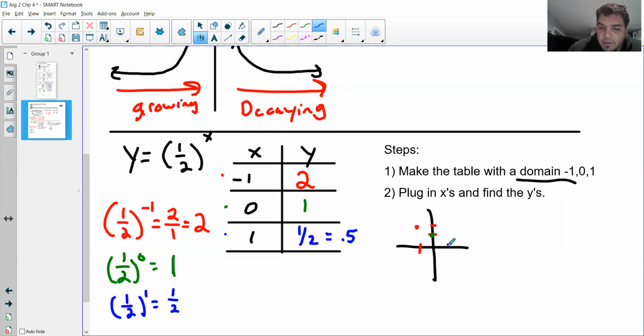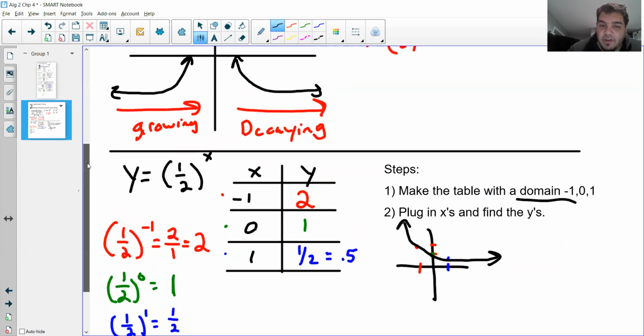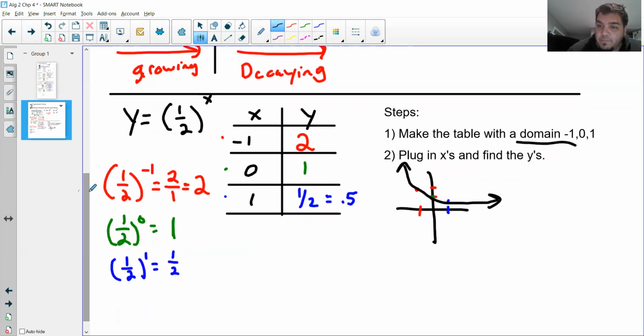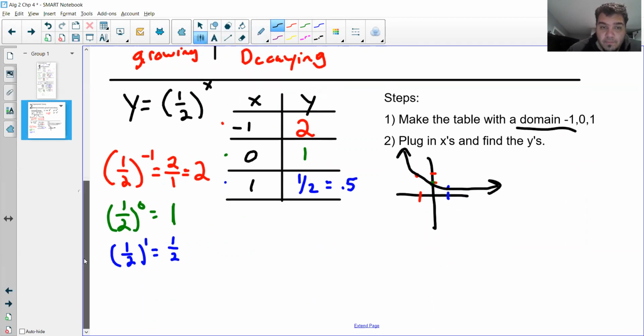And then at 1 it would be at 0.5, so halfway up. So kind of flat like that. And that matches what we said earlier. Decaying functions kind of look like a flattened top. Any questions on this one?